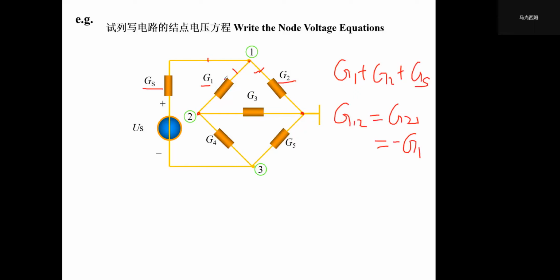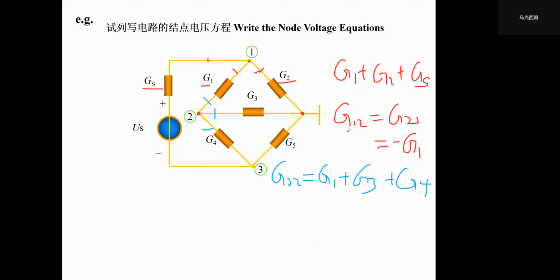And there's no direct link between node 1 and node 3. For node 2, we have 3 branches linked to it, so G22 equals G1 plus G3 plus G4.